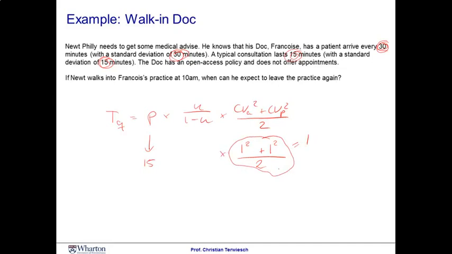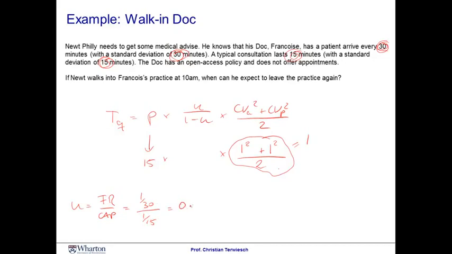Now, utilization is not immediately visible in this question, and so we have to remind ourselves that utilization is the flow rate divided by the capacity. Flow rate in this practice is 1 patient every 30 minutes. I'm constrained by demand. I divide this by capacity, which is 1 over 15.